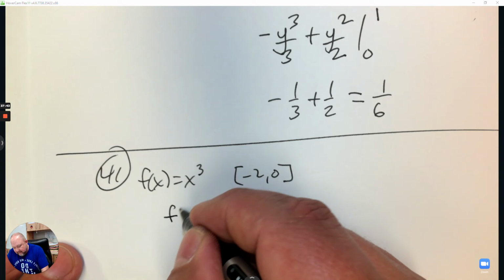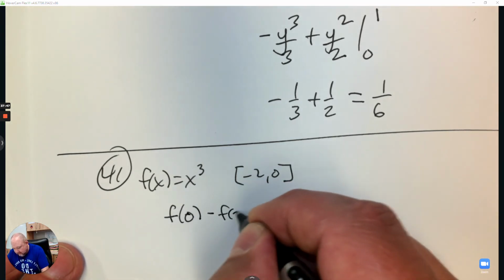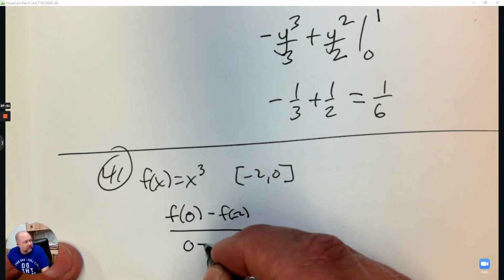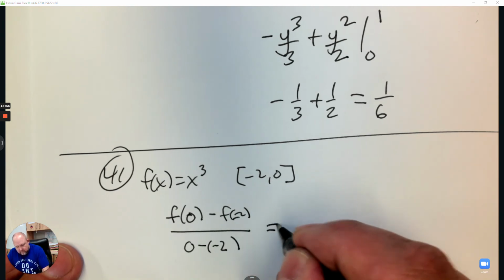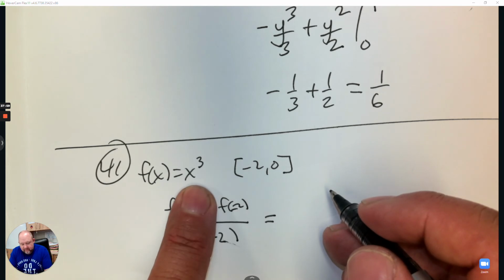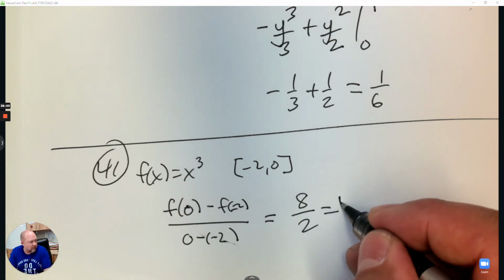So I'm going to plug in -2, plug in 0, subtract -2 over 0, subtract -2. So if I plug this in, that's -8, which makes it +8 over 2, which is 4.